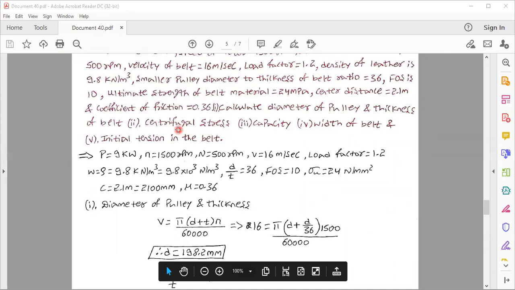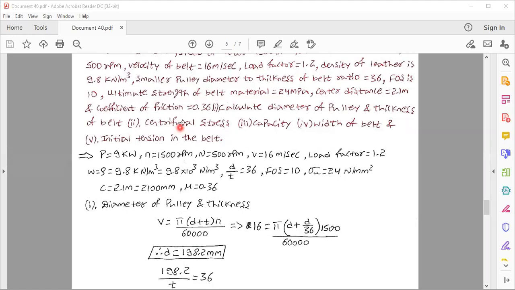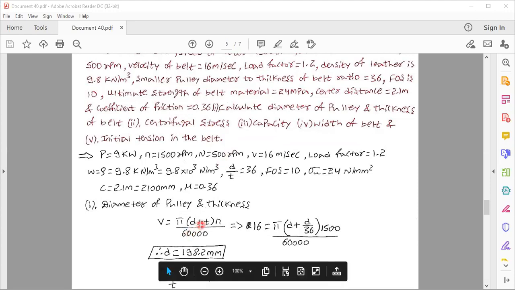If the thickness of the belt has to be considered, at that time you need to add thickness to the diameter. Therefore velocity v is equal to pi into (d plus t) into n by 60,000.